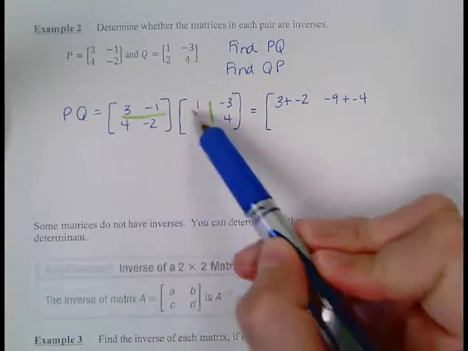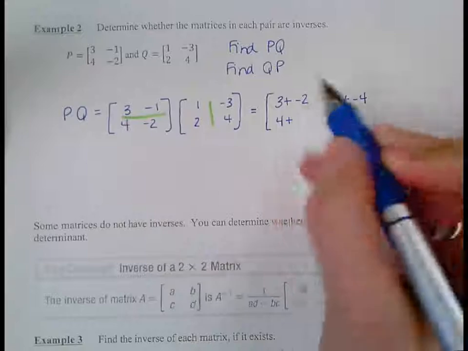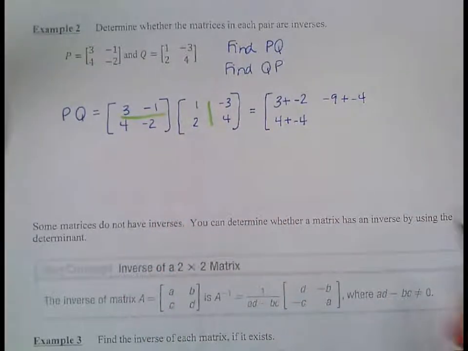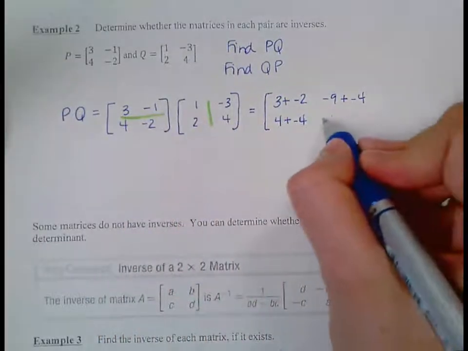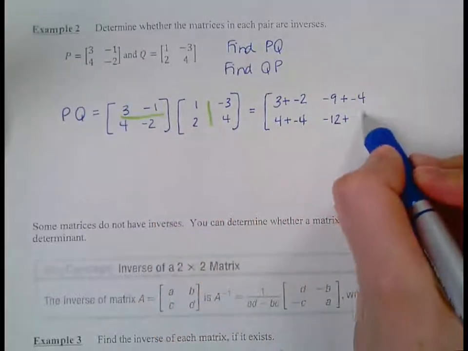But if I do multiply row 2 and column 1, I have 4 times 1 is 4, plus negative 2 times 2 is negative 4. And then row 2 by column 2, 4 times negative 3 is negative 12, plus negative 2 times 4 is negative 8.